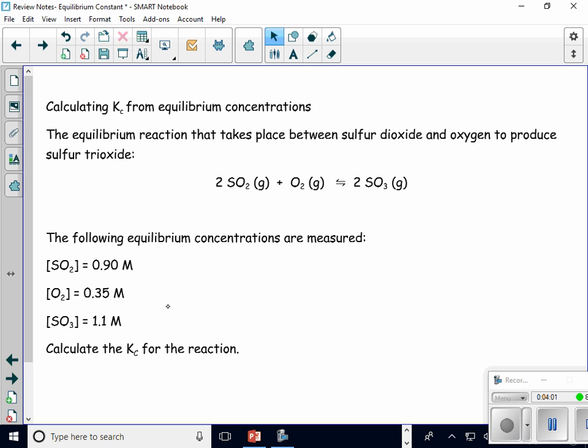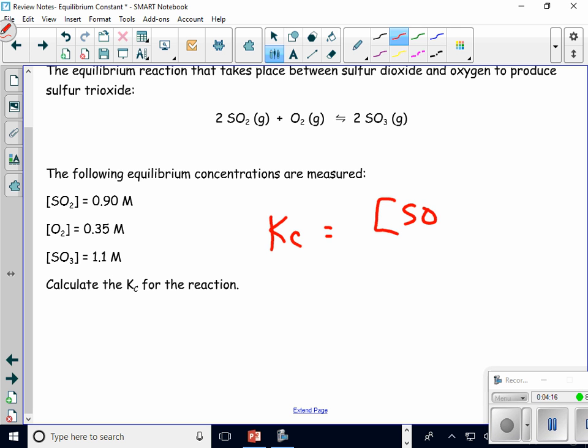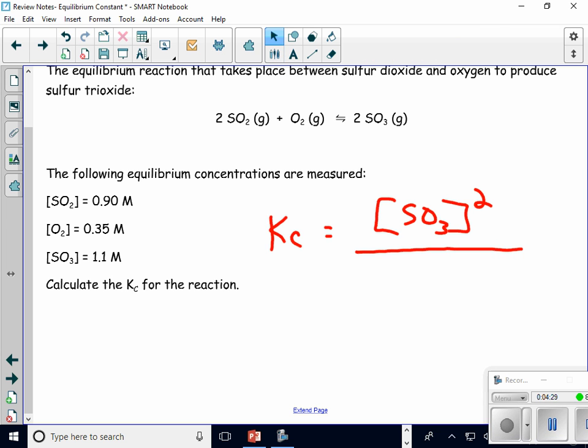Well, I know that my equilibrium constant is going to be the concentration of my products. In this one, I only have one product. Sulfur trioxide is my only product. And I divide that by the concentration of my reactants.